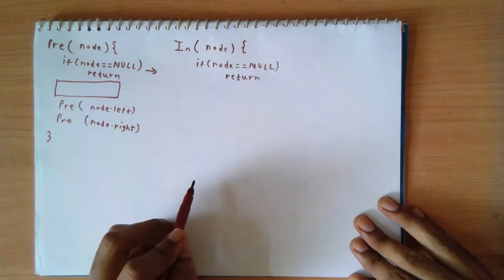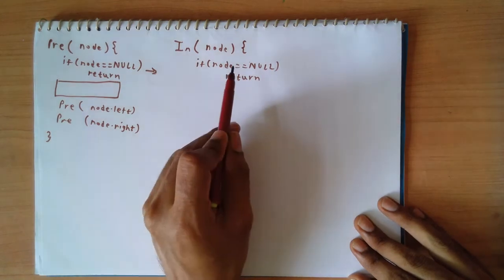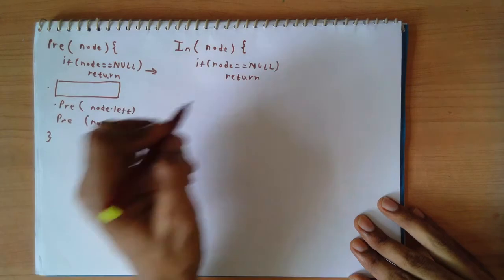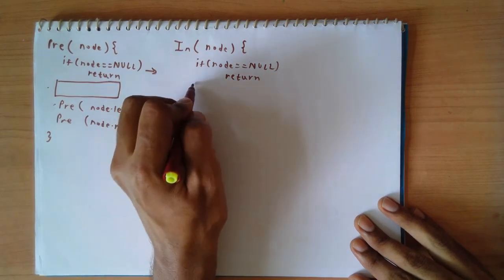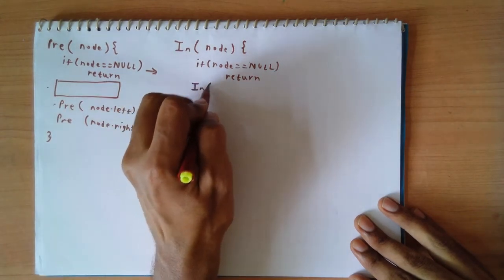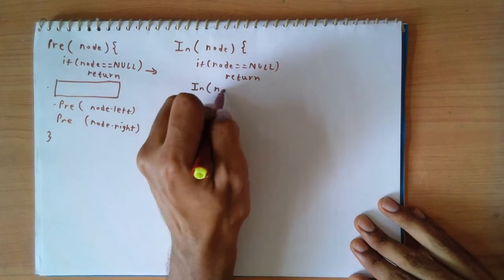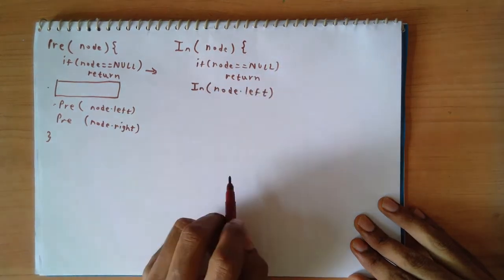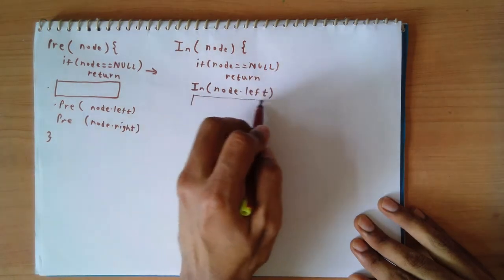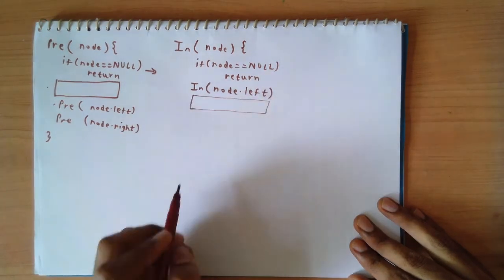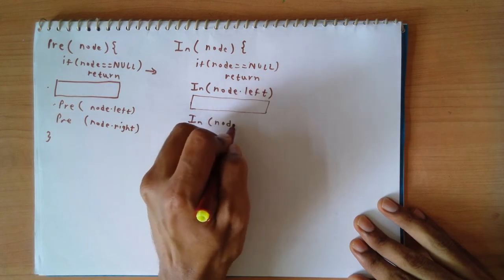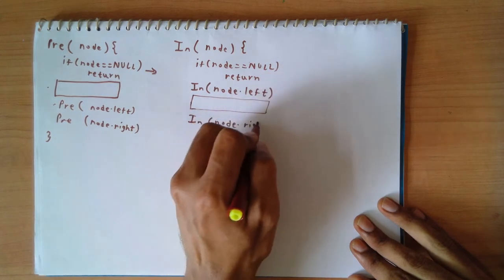If that is not the case, in case of in-order traversal, what we do is we shift the order of these calls. So first we will perform the in-order traversal of the left subtree. So I will call in-order on node dot left, and then perform the node-specific operation, and then I'm going to do the in-order traversal on node dot right.